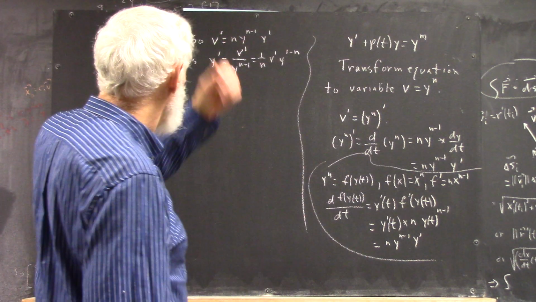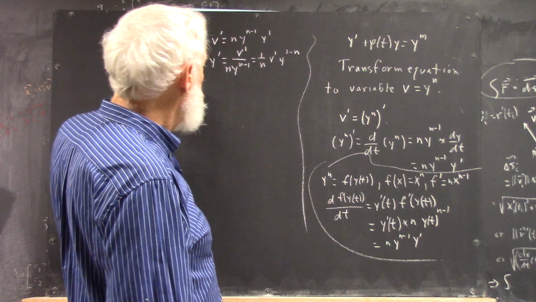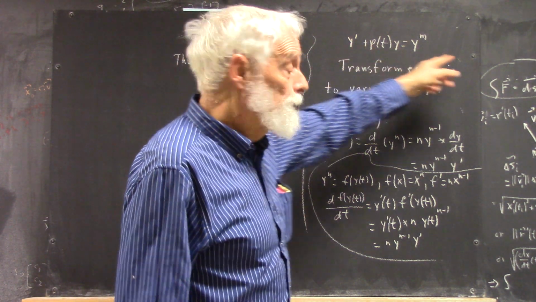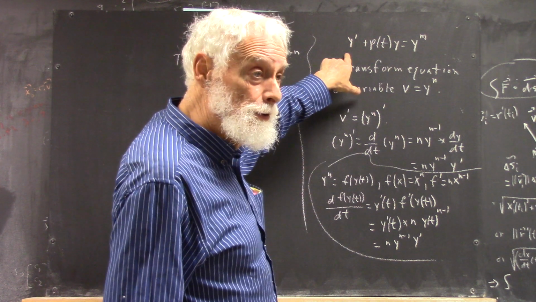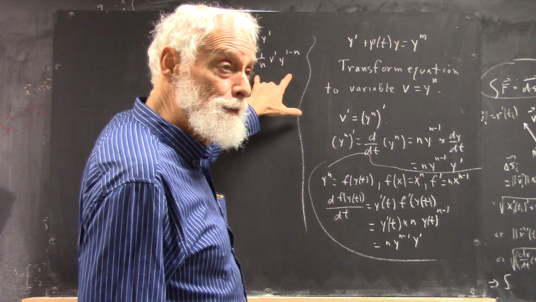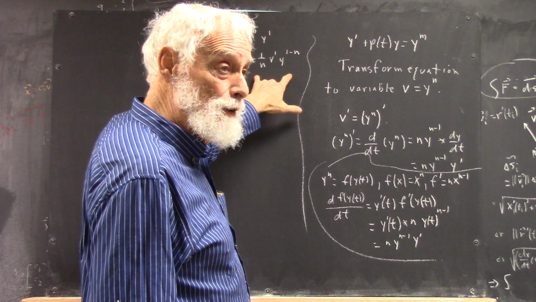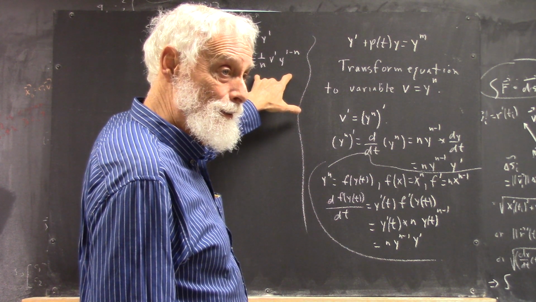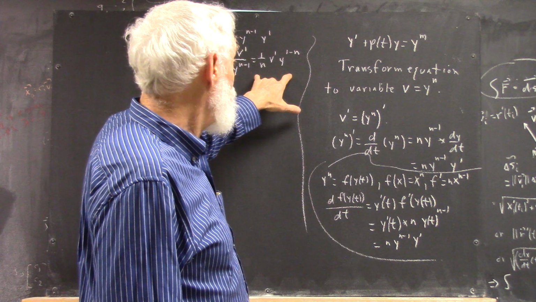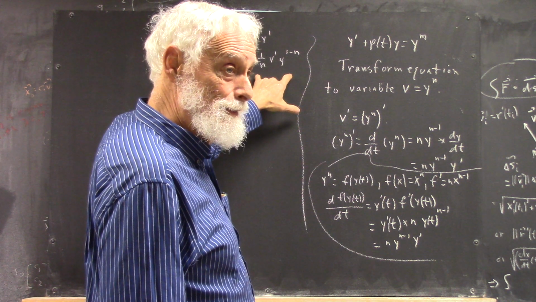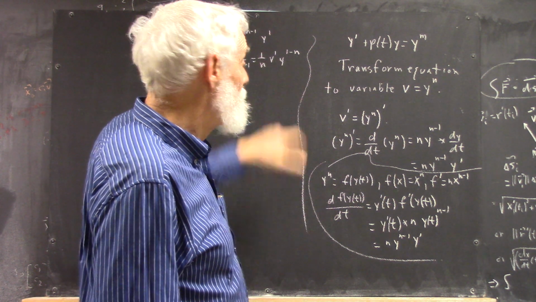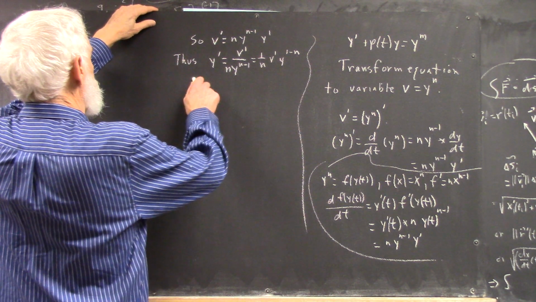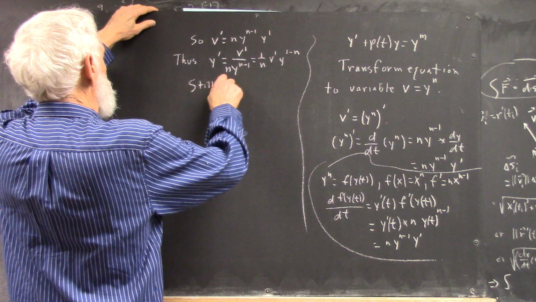Well, that's great, but this still has a y in it. We don't want any y's in this equation, so we don't want to replace y prime with this, do we? Well, we still have v equals y to the n. So how can you use that? Well, we have y to the negative n.